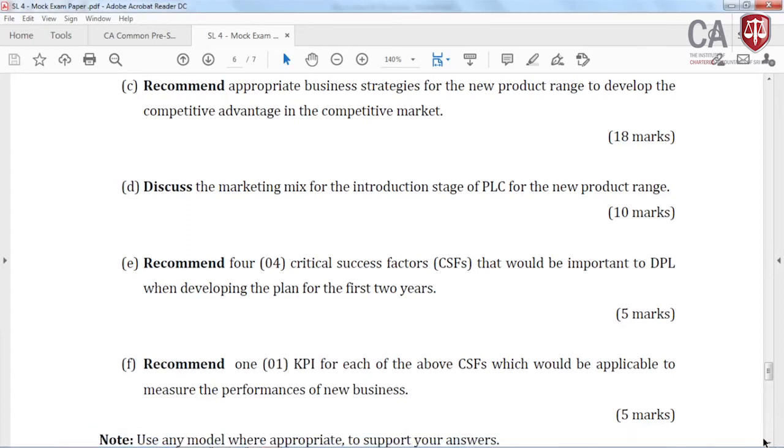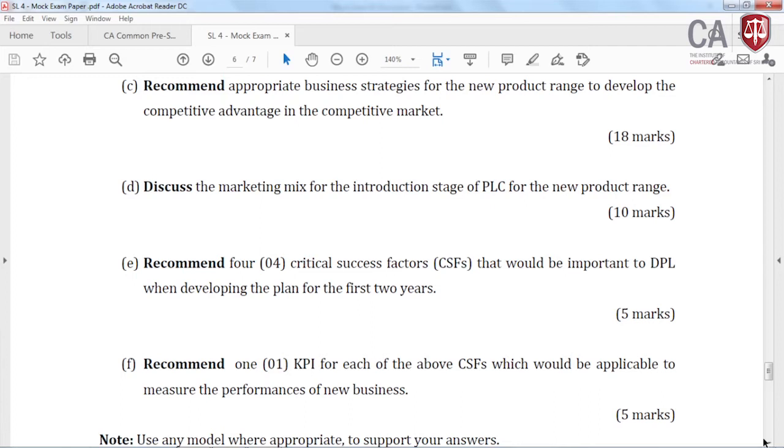Then we will move to part F. Recommend one KPI for each of the above CSF which would be applicable to measure the performance of the new business. Now, this is connected with part E. Under part E, you identified critical success factors.